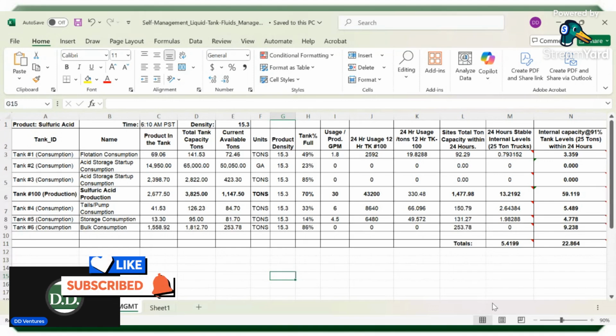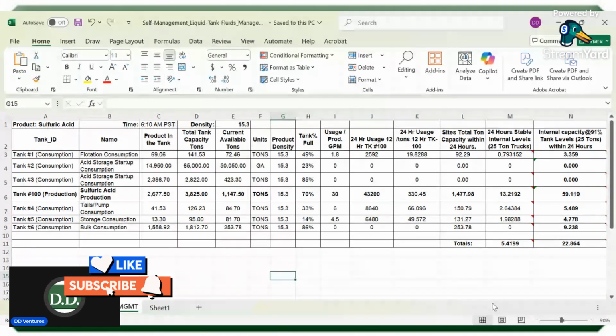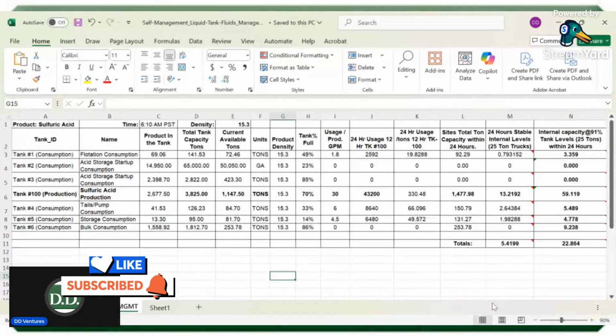What percentage is the tank at? In this particular case, it's 70%. What are the gallons per minute? 30. So they're going to do 30 gallons per minute within the next 24-hour period, minus any shutdowns or stop in production or increase in production, which we won't know until the next day.